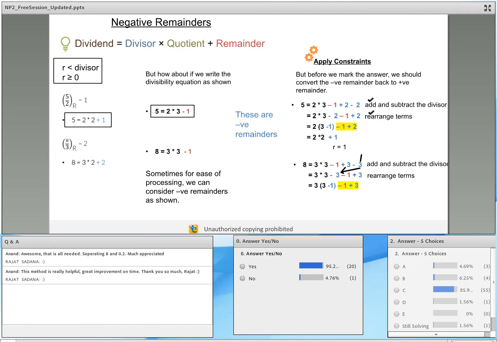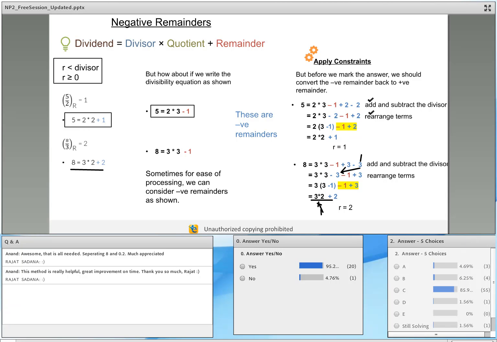We said 3 times 3 minus 1, and then minus 1 plus 3, which is 3 times 3 plus 2, exactly the same thing that we got over here. And we know this term is divisible, so plus 2 is the remainder. So this is the concept of negative remainders.